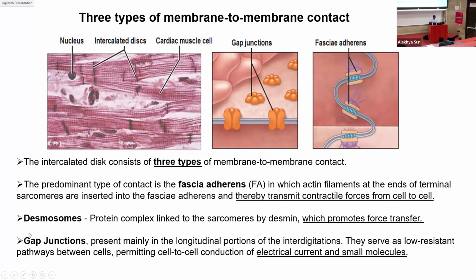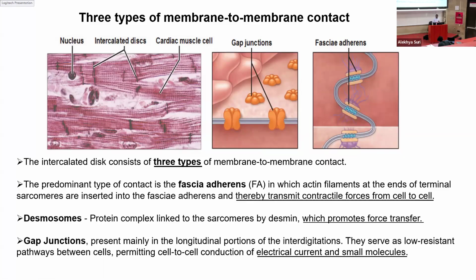The second type of communication is through desmosomes. Desmosomes are again a protein complex. I'm not going into the details, but the desmosomes contain mainly desmin. And the desmin is also connected with sarcomeres, or the contractile proteins.